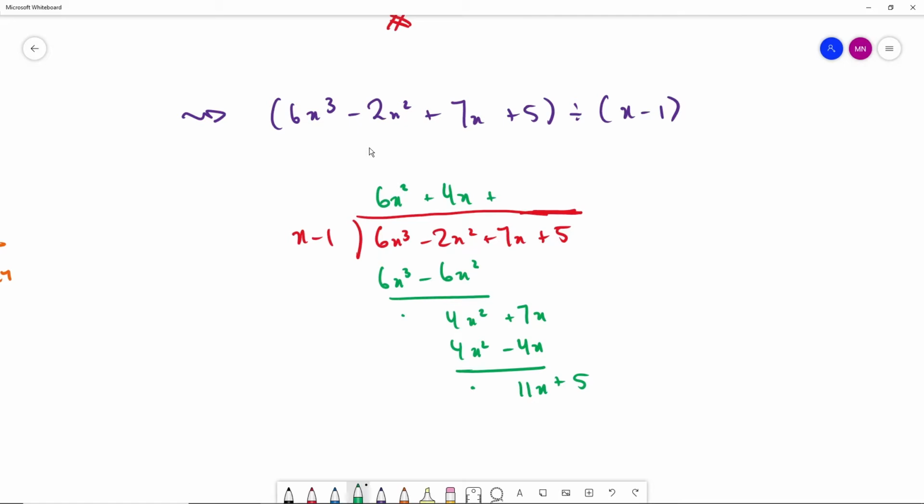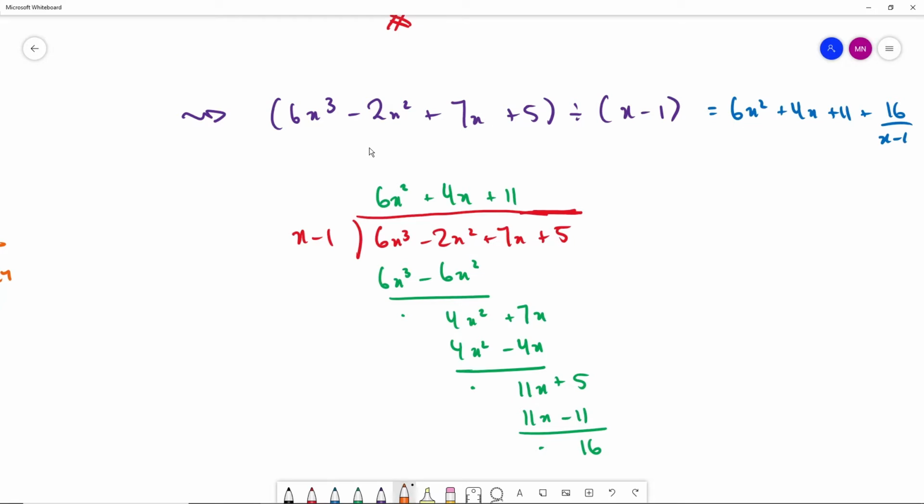Then we choose 11, so it becomes 11x minus 11. So we have a remainder of 16. So our final answer is equal to 6x squared plus 4x plus 11 plus 16 over x minus 1.